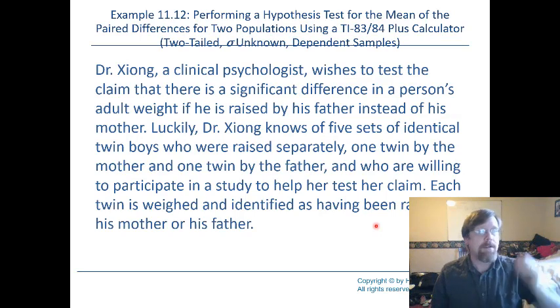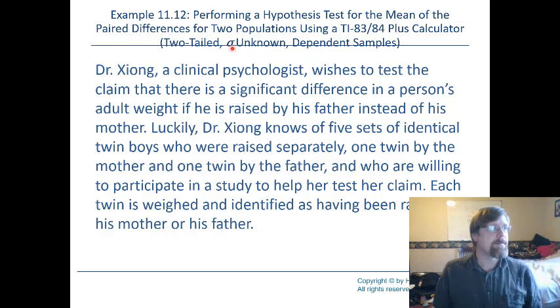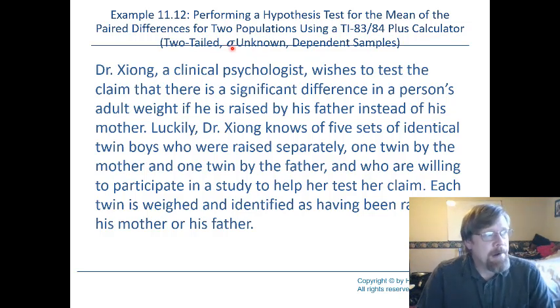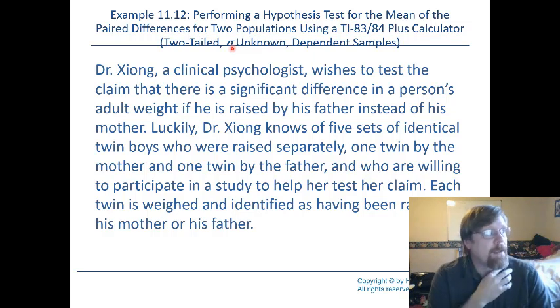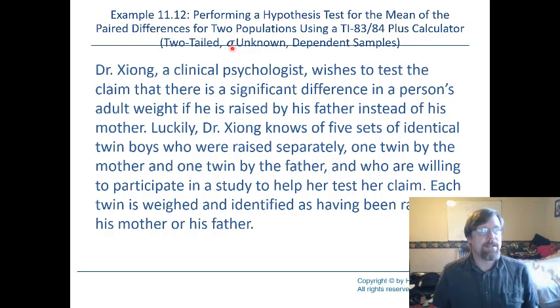Okay, so looking at this on a calculator, we're looking, as it says, at a two-tailed test for dependent samples with the sigma unknown. We've got a clinical psychologist who wants to test the claim that there's a significant difference in a person's adult weight if they're raised by their father instead of the mother.